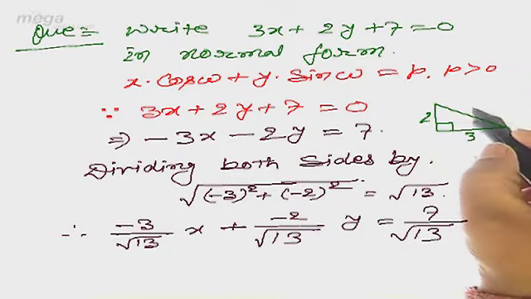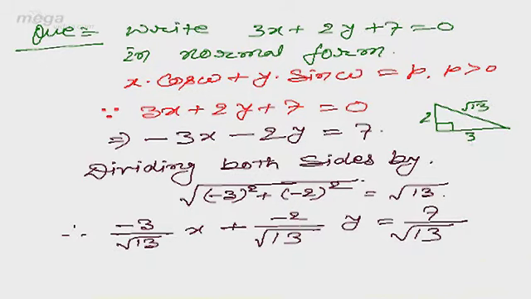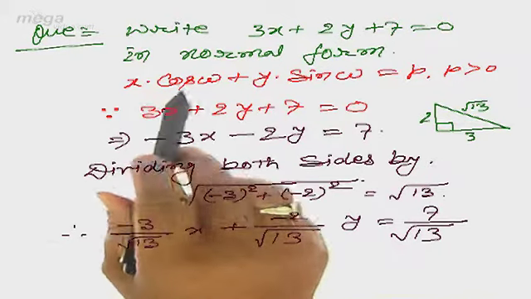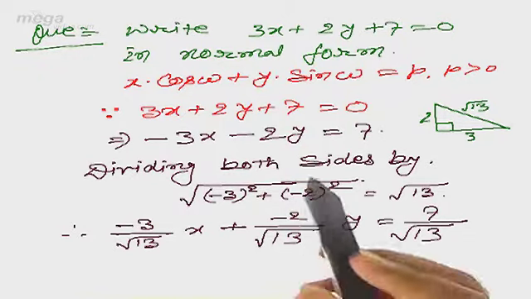Using the Pythagoras theorem you can check the length of the hypotenuse will be root 13, and this is the reason we divide by root 13 so that it becomes base upon hypotenuse. So base upon hypotenuse becomes cos omega. Here it will be the perpendicular upon hypotenuse, so it becomes sin omega.